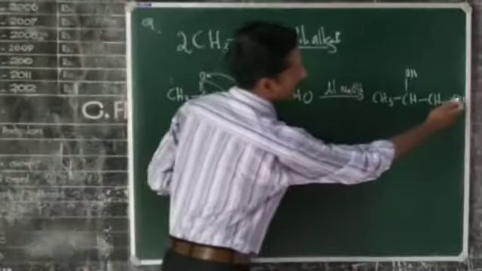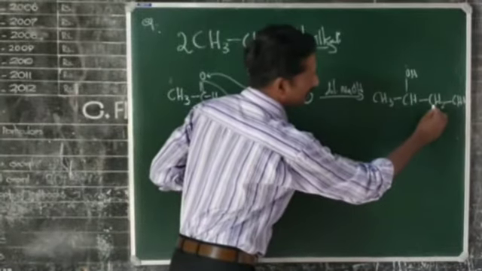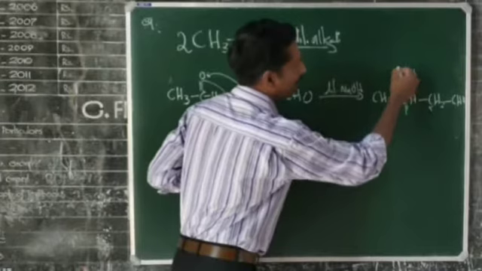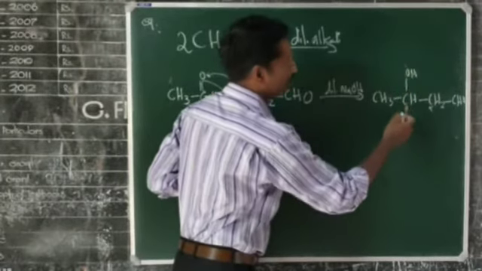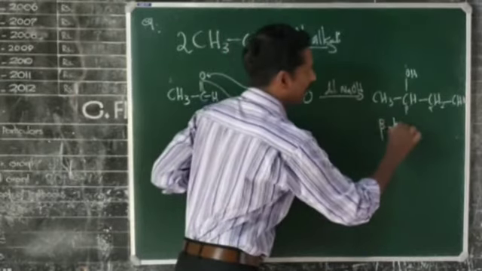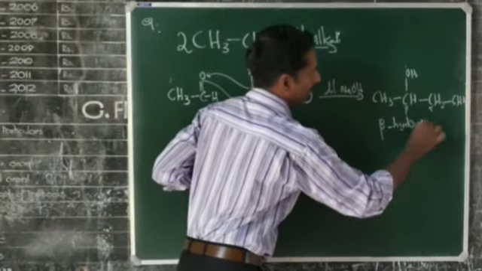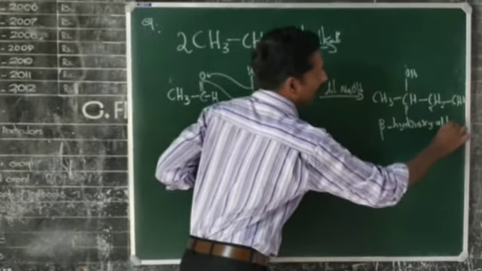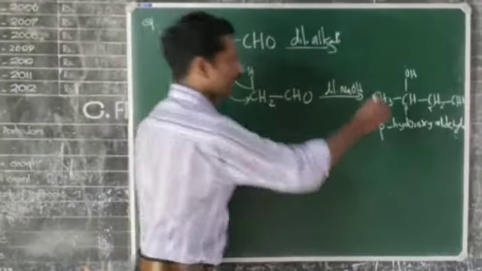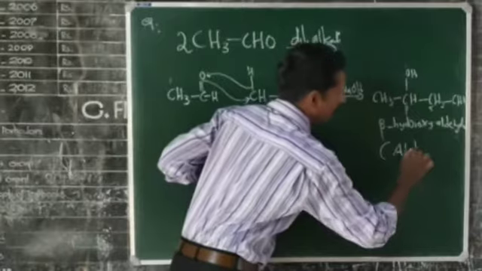And you can see that this CO group attached carbon is alpha carbon, and next carbon is beta carbon, and in the beta carbon there is a hydroxyl group. So this is a beta hydroxy aldehyde, and this is an aldol.